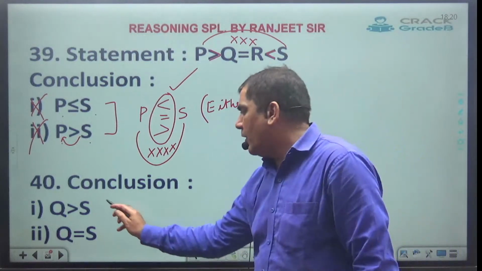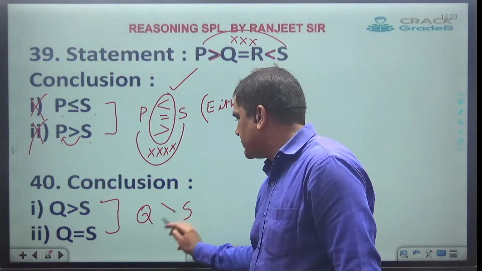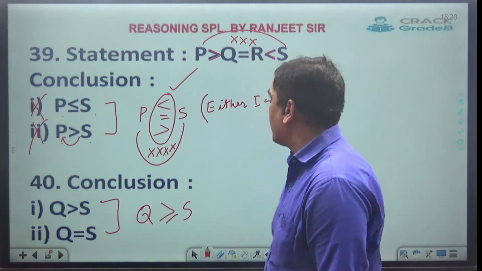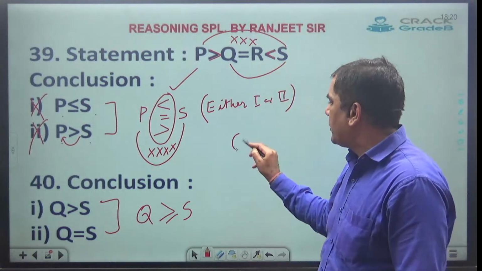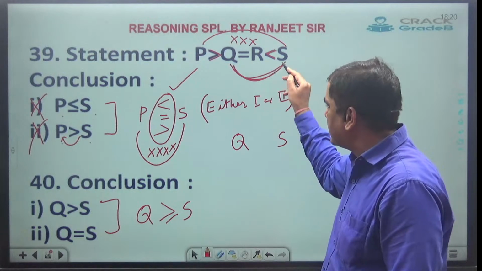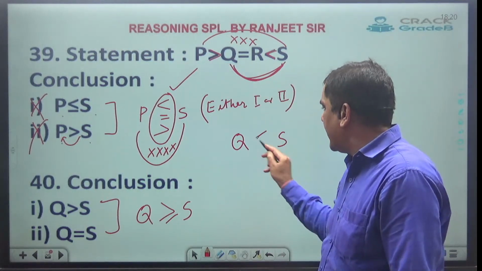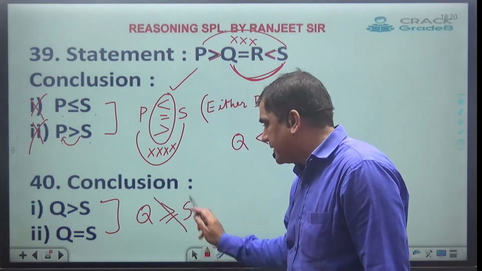Same is over here, only two symbols. So Q and S, let's combine. Face is towards Q, or it can be equal to. Just see, here equal to won't be possible. Between Q and S, what I can say is face is towards S, but equal to can't be over there. Means this possibility is over. This can't be the answer.